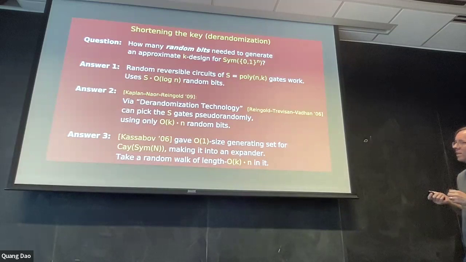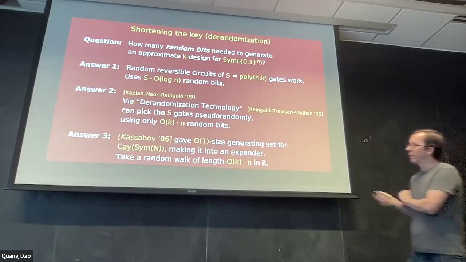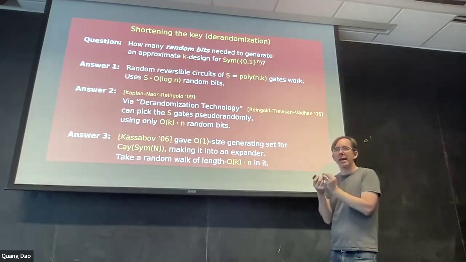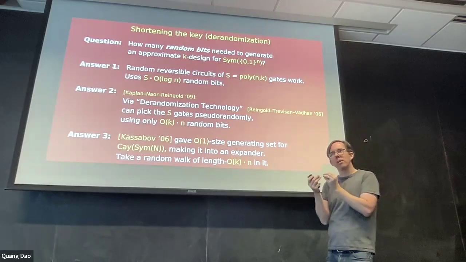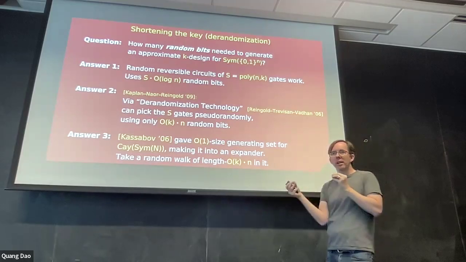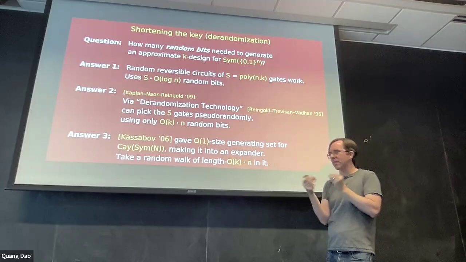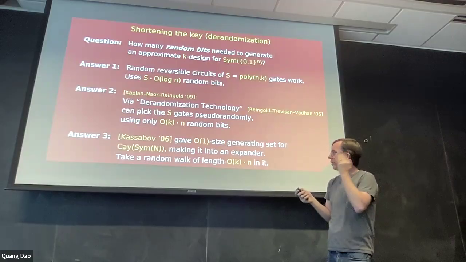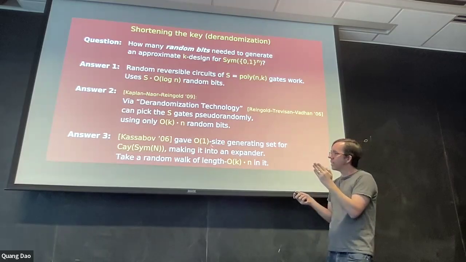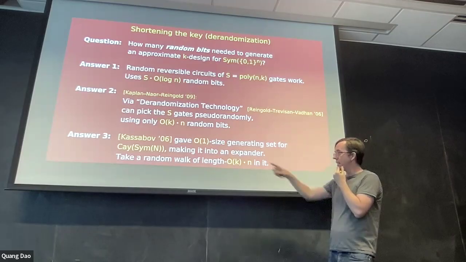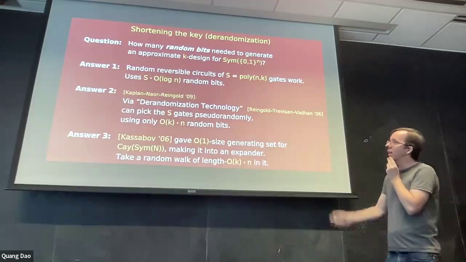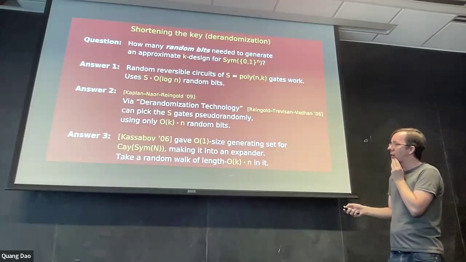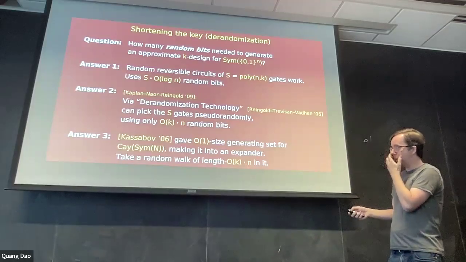These generators are not little 3-bit gates; it's hard to say because it's a complicated paper, but each generator might be a size n, or maybe size n squared, circuit. But he shows that if you just plunk down one of these, say 10 different circuits, it has a constant spectral gap. And so you can get this result by taking a walk of length just k times n.